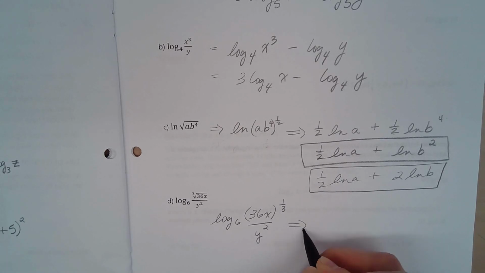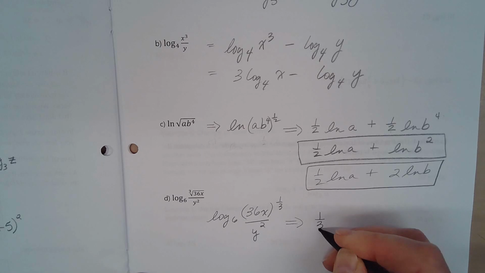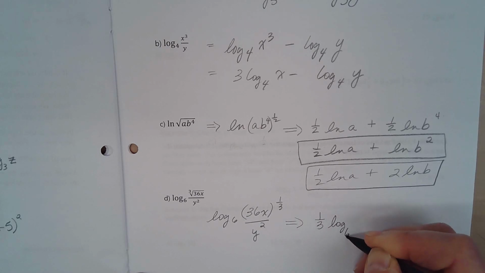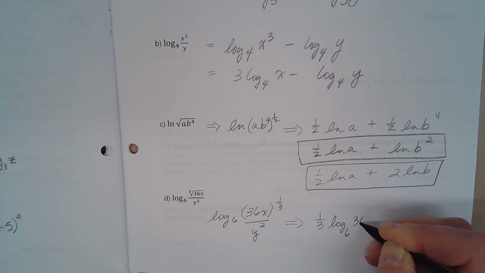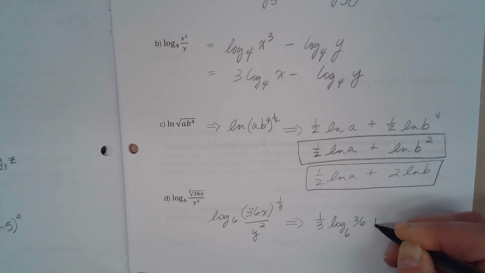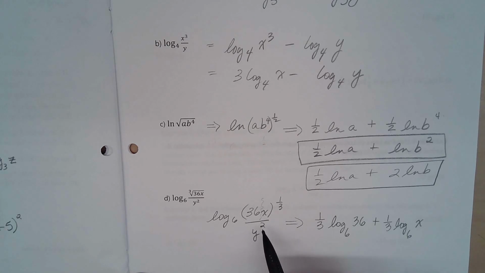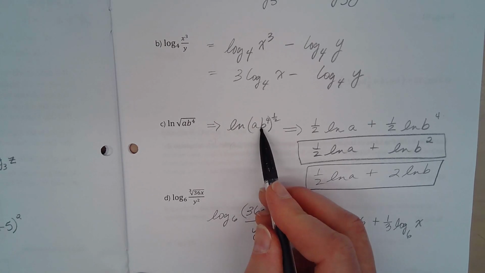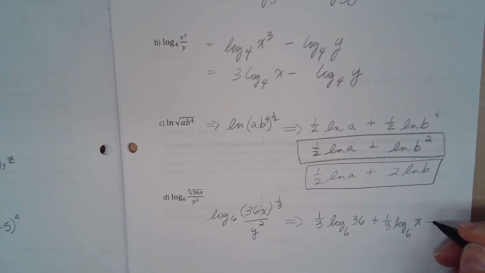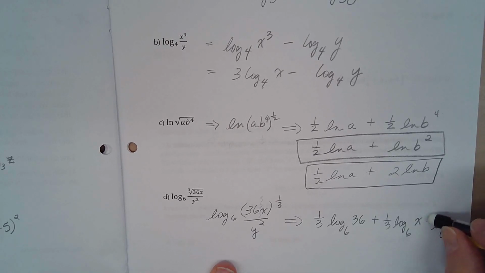We have 1/3 log base 6 of 36 plus 1/3 log base 6 of x, because these guys can be broken apart, right? It's 36 times x, it's like a times b. Minus, if I'm going to do everything in one step, 2 log base 6 of y.